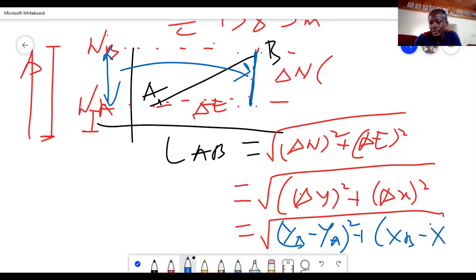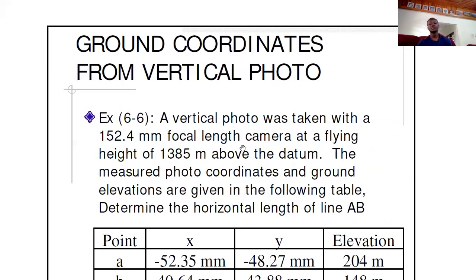You can turn it around, you still get the same thing. Meanwhile, the topic is ground coordinates, which is why we've been asked to calculate the length of a line. Why? Because the length of a line makes use of the end point coordinates. That is why the question is asking us to do that.